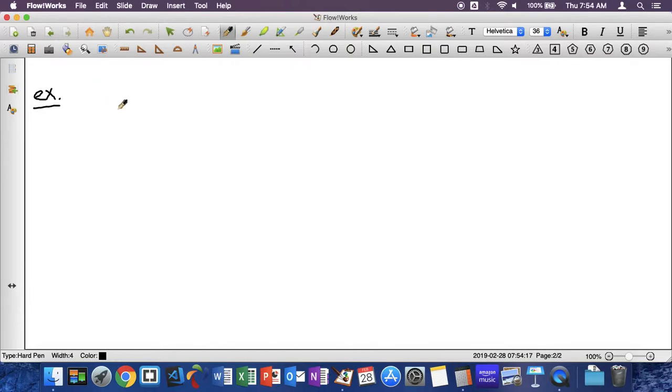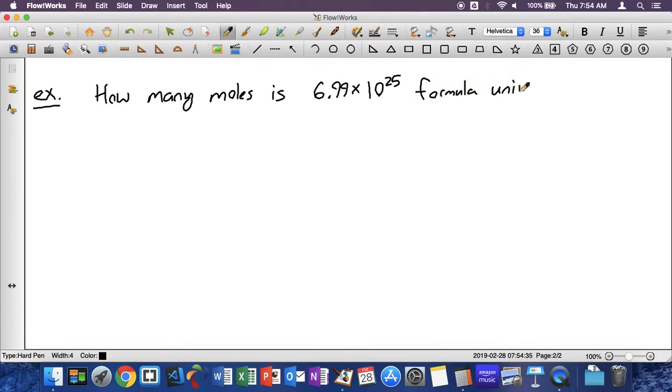So for example, if I have the question, how many moles is, say, 6.99 times 10 to the 25th formula units of NaCl, we can set that up in a special way so that we know whether we need to multiply or divide by Avogadro's number.